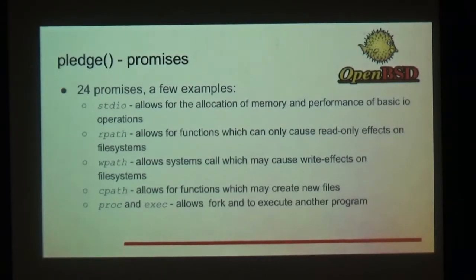Another promise is rpath, which allows us to read the whole file system. And the opposite, wpath, allows us to enter the whole file system, but also we can do some writing, which is very interesting, and I would like to point out that we have also two promises, proc and exec, which allow us to fork and execute another program.